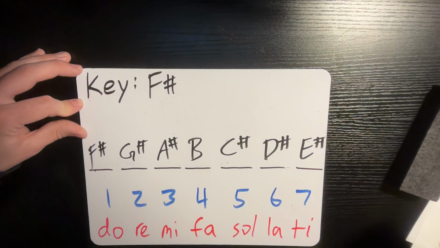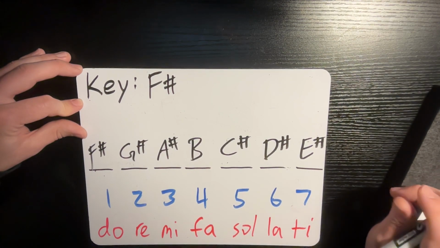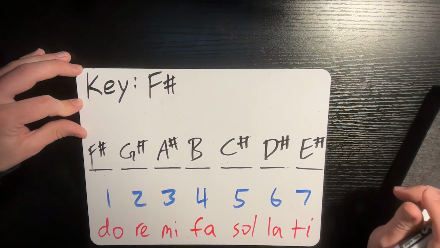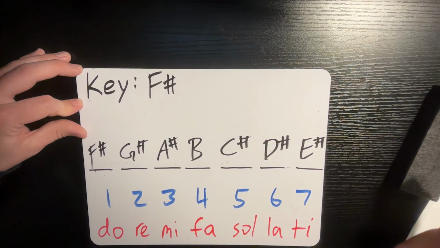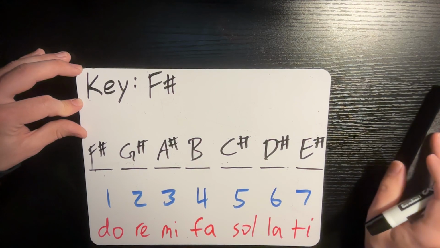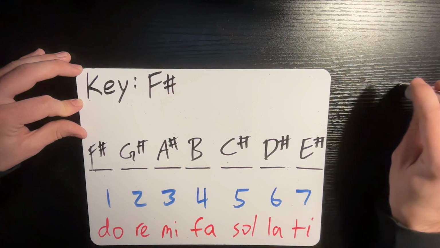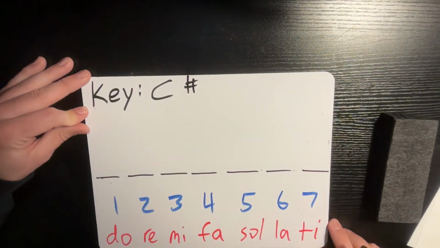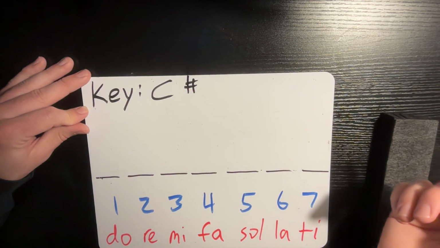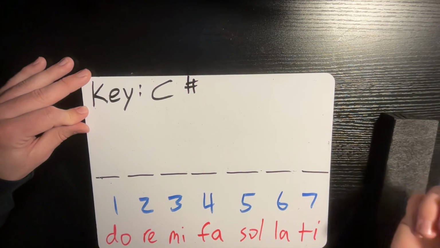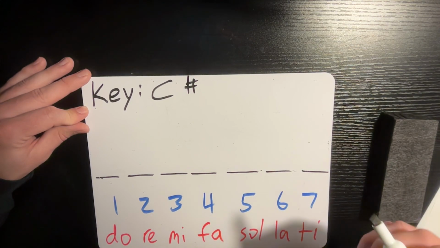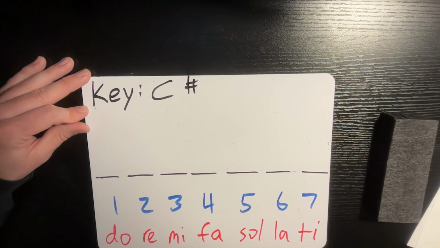Anyway, there's F sharp. Next up, we have our very last sharp scale, the C sharp major scale. Let's go to that one. The C sharp major scale is kind of the polar opposite of the C natural major scale.